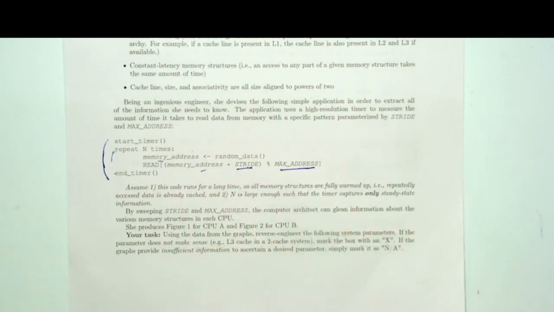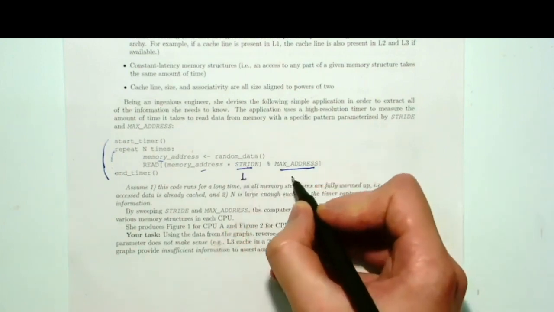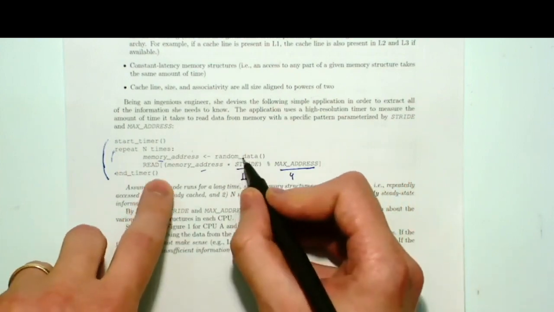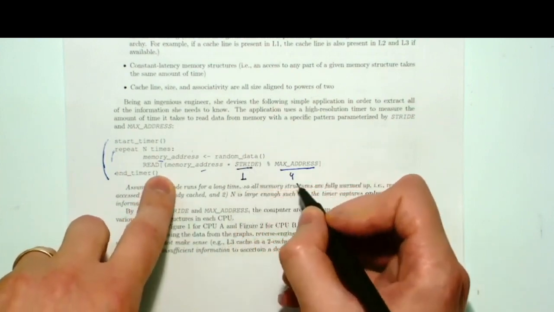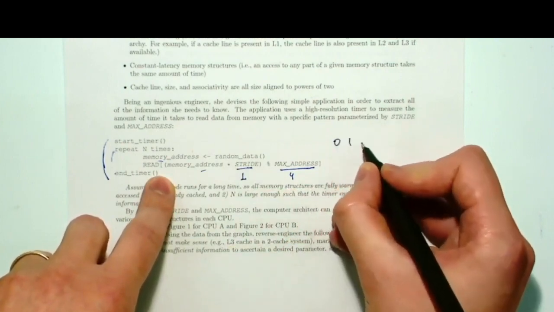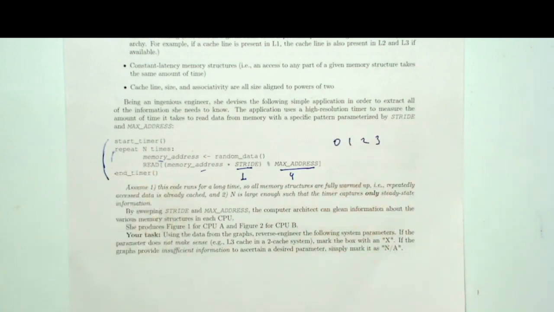modulated by max address. So what this means is, if you, for example, have stride set to 1 and max address set to 4, no matter what random data is generated here, the outcome will always be accesses to address 0, 1, 2, and 3, in any order, in random order.